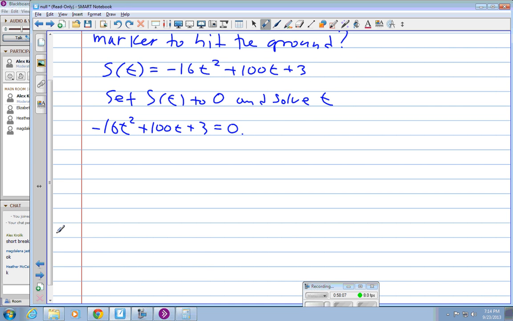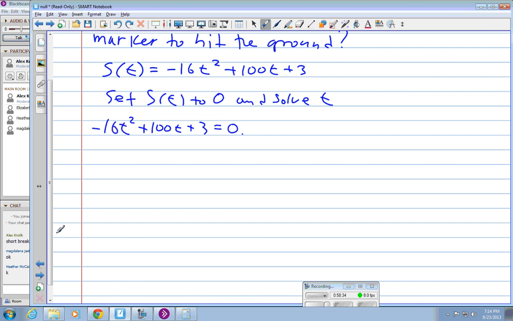Which is a quadratic equation. We're just going to use the quadratic formula. We're probably going to get 2 results. One of them is going to be negative. And the reason for that is because I started 3 feet above the ground. So if I started from the ground, it would kind of give me going back in time a little part. So we're just going to ignore that negative result, because it's only going to be on the ground once when it lands.